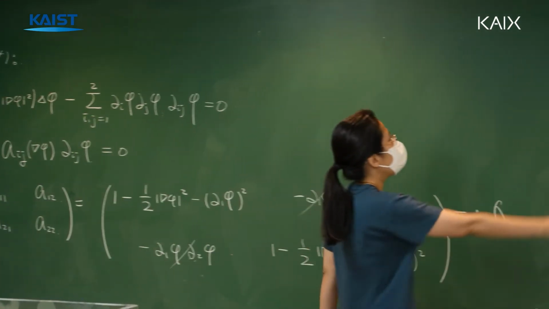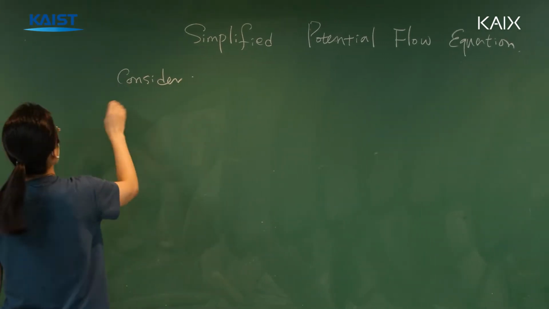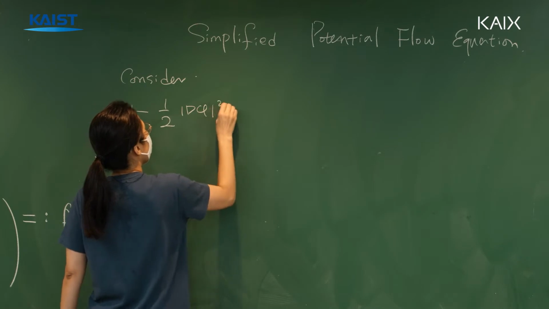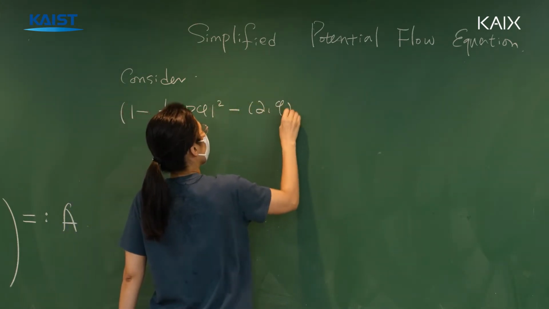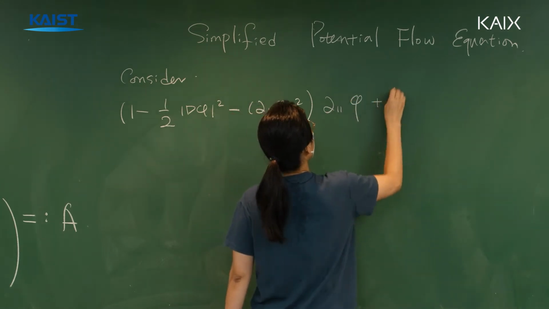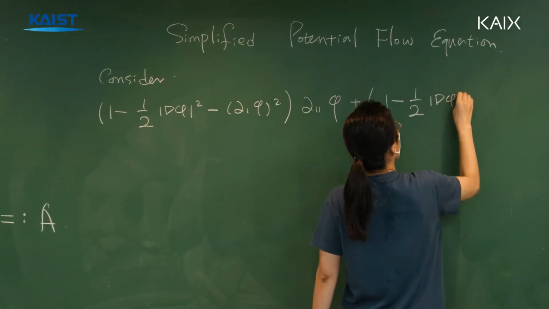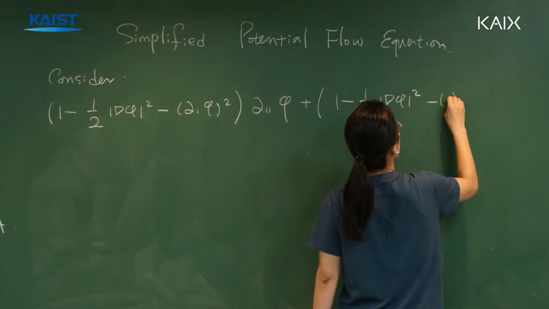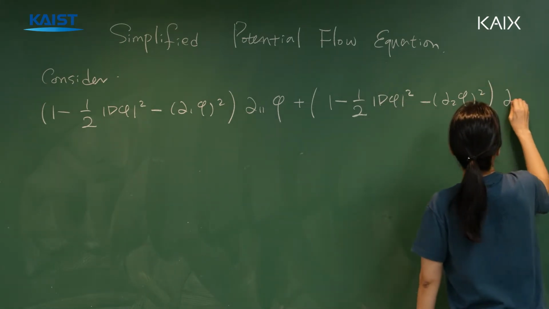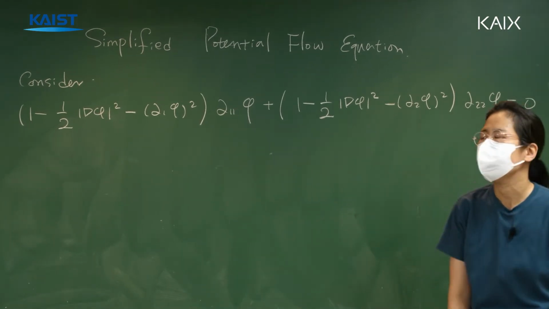So we only consider the equation: 1 minus this times d11 phi plus the remaining term. So this is still very non-trivial, we can see, right?